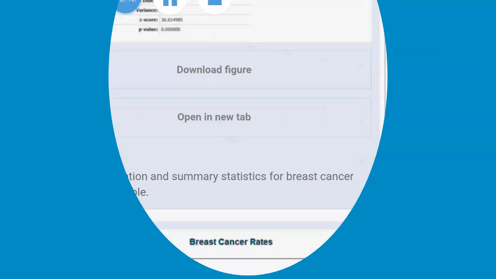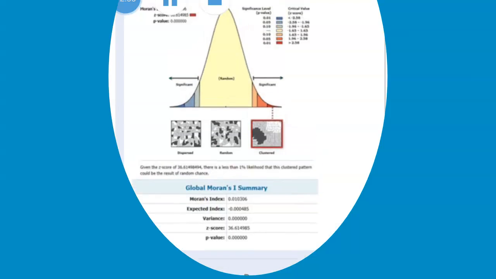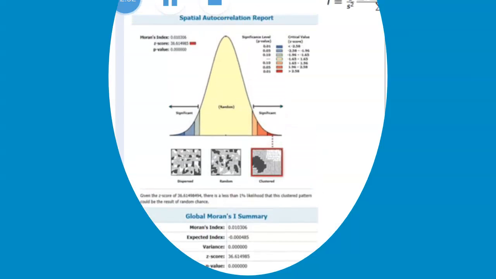So this might be a bit beyond your interpretation, but the first visual, which was made using ArcGIS, I think is one that is very helpful in understanding spatial autocorrelation using Moran's I in your geospatial research.